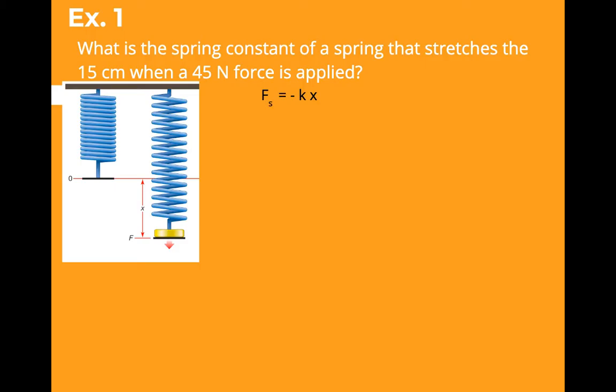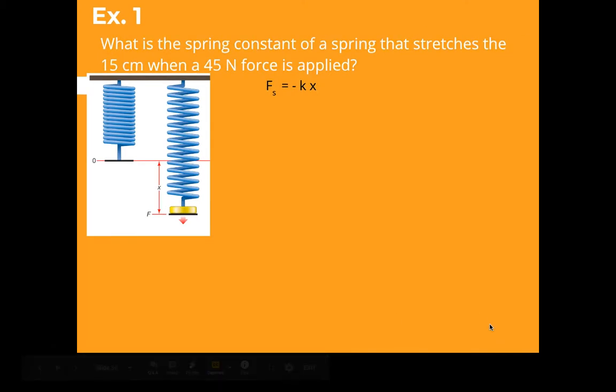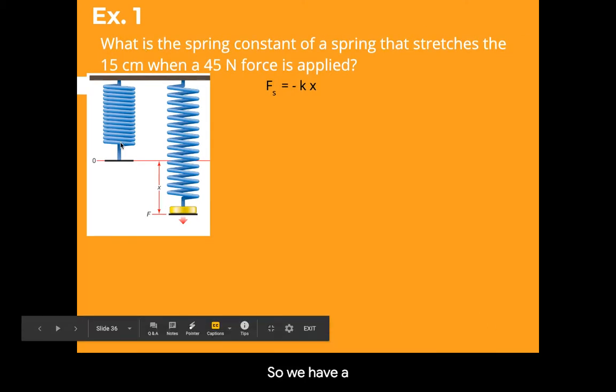Okay, so let's give an example a try. What is the spring constant of a spring that stretches 15 centimeters when a 45 Newton force is applied? Okay, so we have a spring at rest, we add a mass to it.